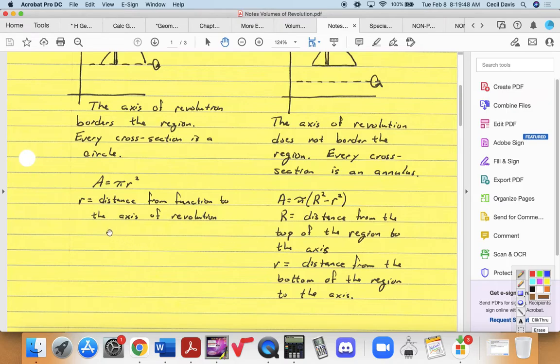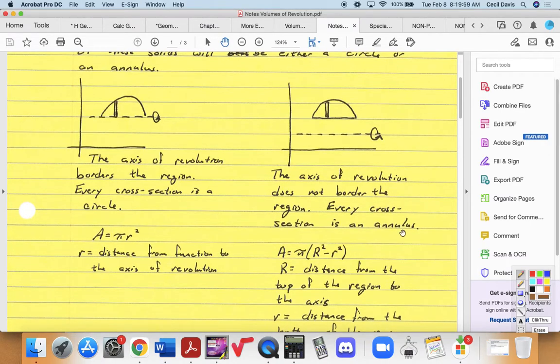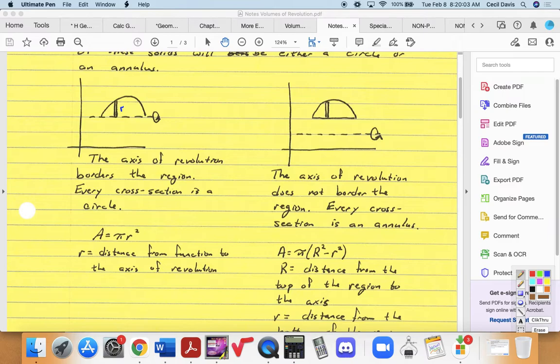So remember that for a circle, the area is pi r squared. And on this, let's go ahead and fill this in. The radius is going to be here. That's your r. On this one, remember we're spinning around this line, right? So I'm going to have two different radii.